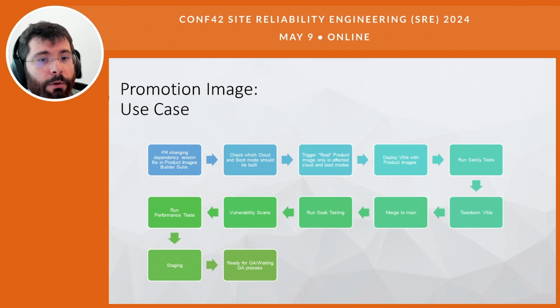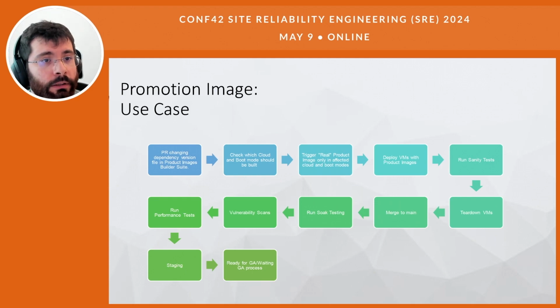So, about the promotion test I was mentioning. We create a PR, change the version of the base OS, or the version of the AnyConnect, or anything of the Cisco proprietary code that we have in different repos that create binaries and other versions. Then, with this file changed, we'll see: okay, I changed it for all, so this change will affect all clouds and all security boot modes, or we changed only one specific boot mode and one specific cloud.